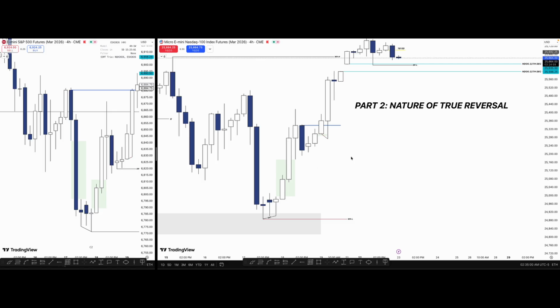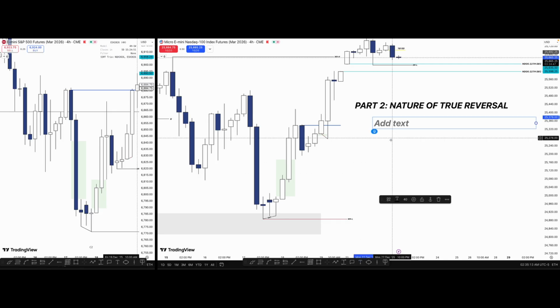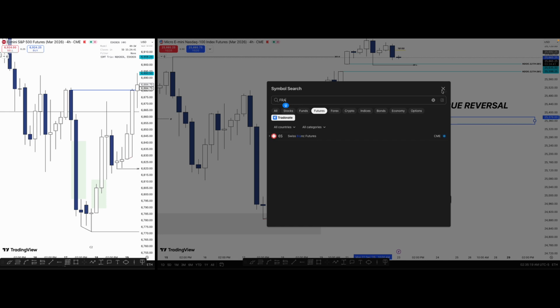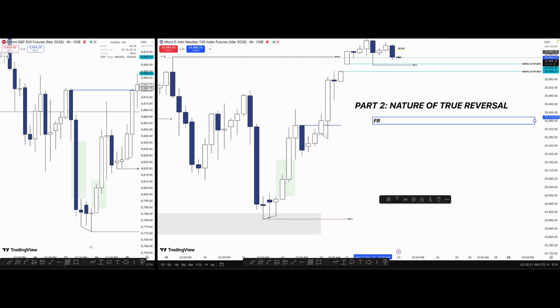है कि नहीं? तो इसमें क्या है कि we are actually framing higher time frame reversals, right? Suppose, see, the main aspect of this is framing higher time frame reversals.